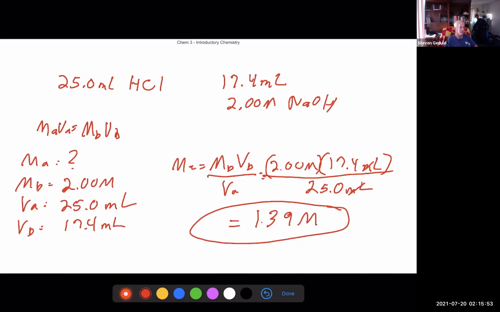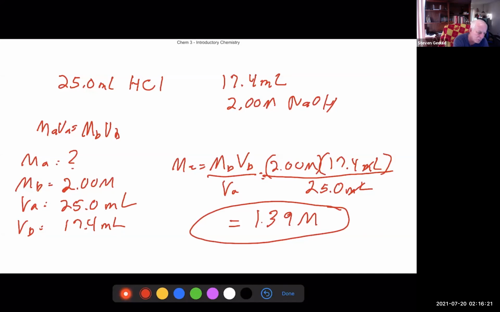Okay. Let's find another good example. Now, that was HCl and NaOH. That's a one-to-one relationship. The only time it'll be different is if the balanced chemical equation is different.